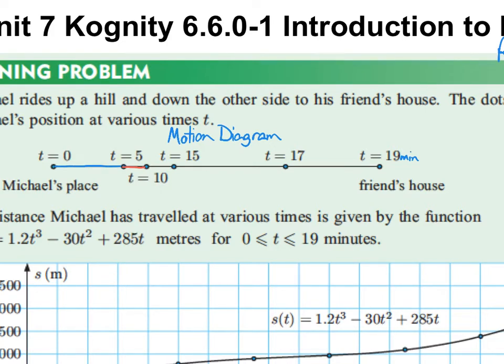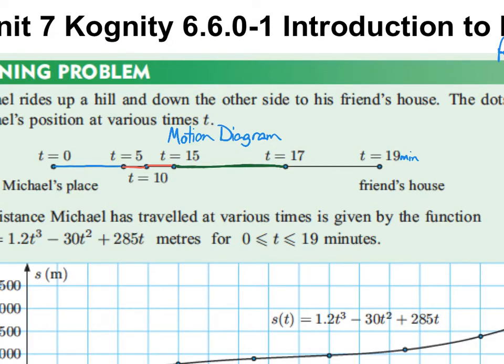But then you'll notice here, again between 10 and 15 minutes, we don't cover as much ground. But notice in this 2-minute time span, from 15 minutes to 17 minutes, he covers this much distance. So what must have happened here?